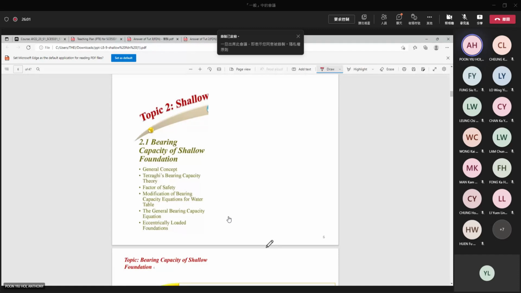In this chapter, we will look at the basic concept of Terzaghi's bearing capacity theory, and we look at the factor of safety. In general, we are still using the global factor of safety in Hong Kong, but there's also a trend to move to partial safety factors as well.